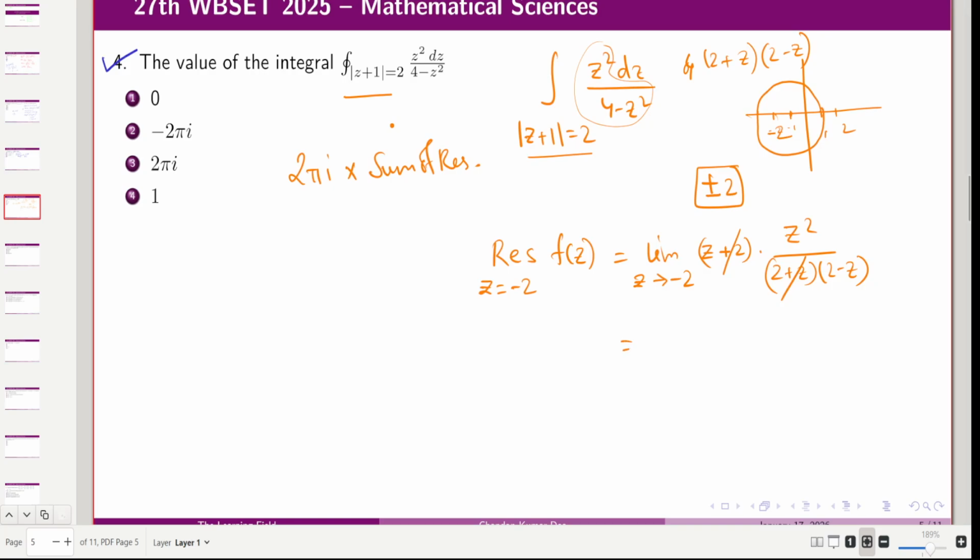This 2 plus z cancels out. So the limit as z tends to minus 2 gives z square, that is 4, by 2 minus minus 2, that is 4. This is 4 by 4, that means 1. The answer is therefore 2 pi i into residue 1, that is 2 pi i. The answer is option 3, 2 pi i.